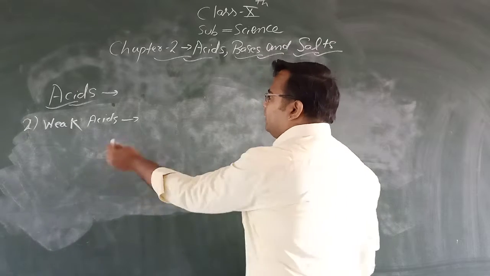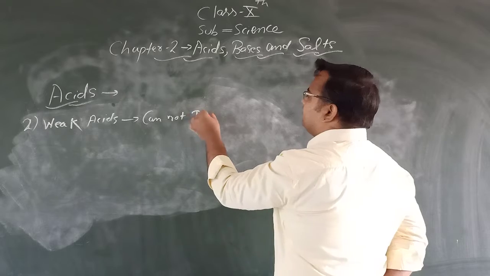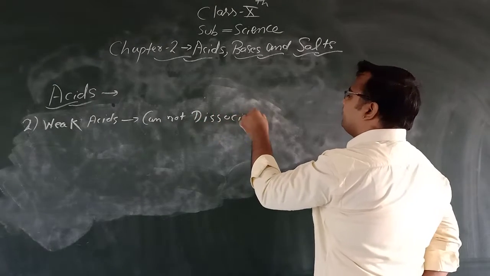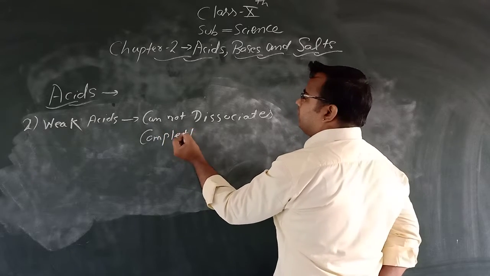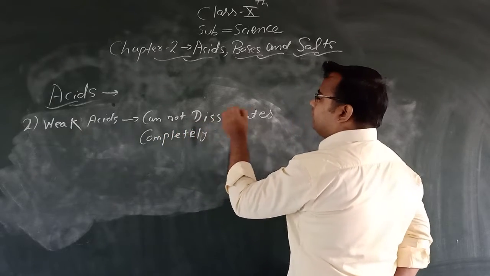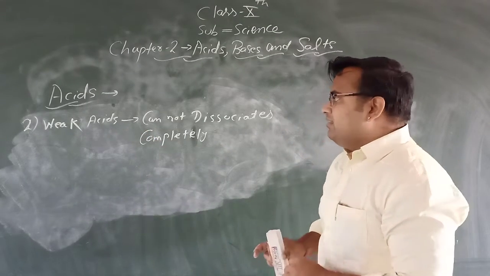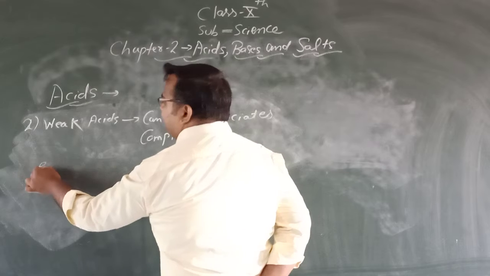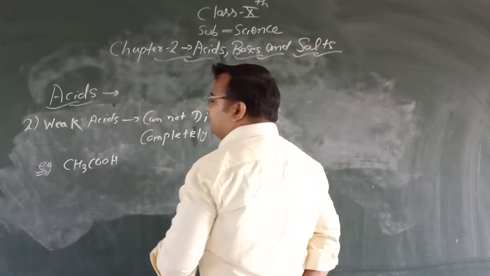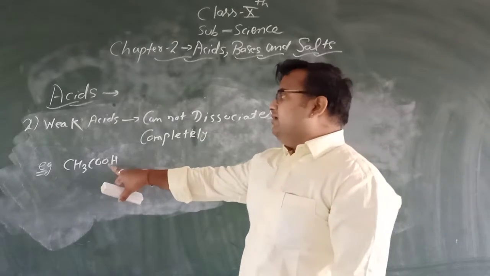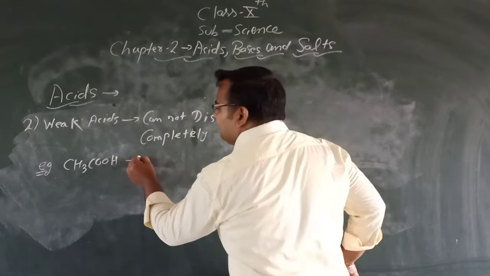That means, for example, an example of a weak acid is acetic acid. Acetic acid is a type of acid which cannot dissociate completely.